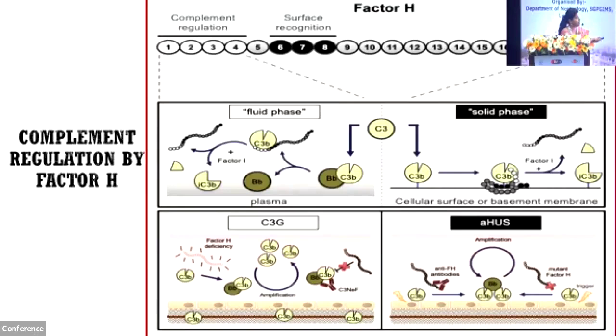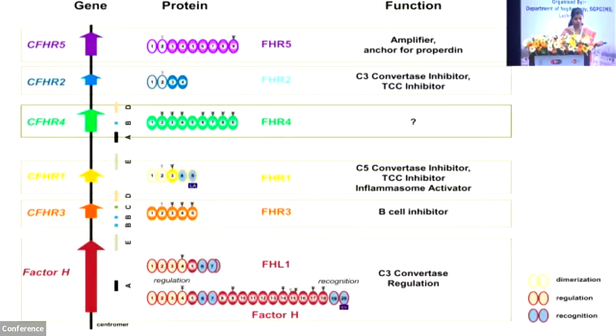That is, the C-terminal binds to the C3b that is present on the cell surface. And when it is in a solid phase, it leads to atypical HUS. And usually when it is an N-terminal abnormality in the fluid phase, the manifestation is usually a C3 glomerulonephritis.